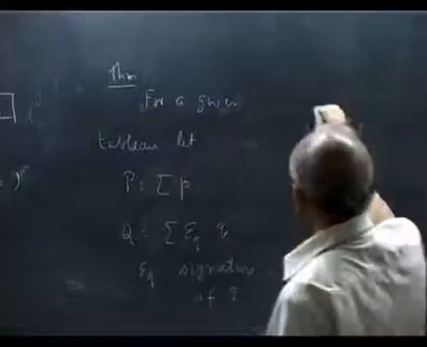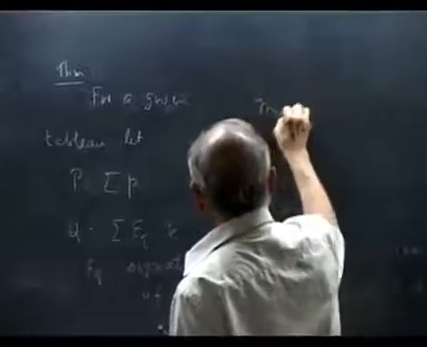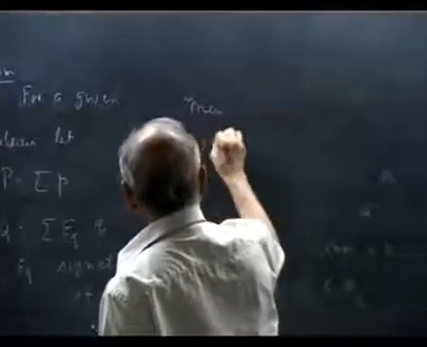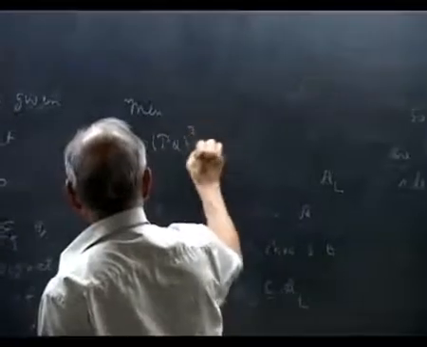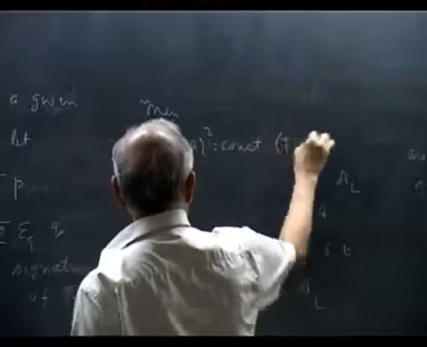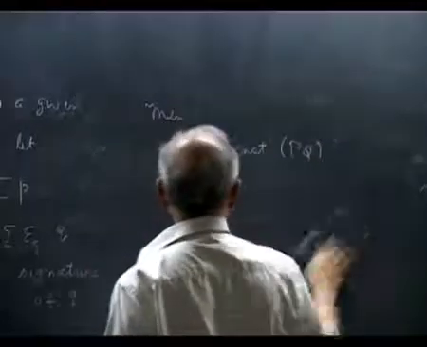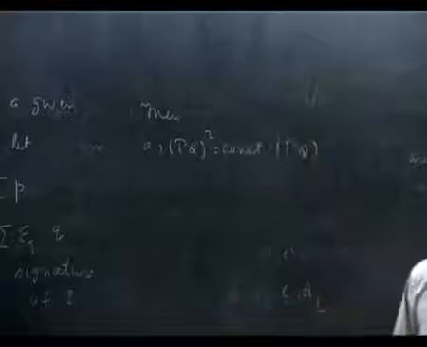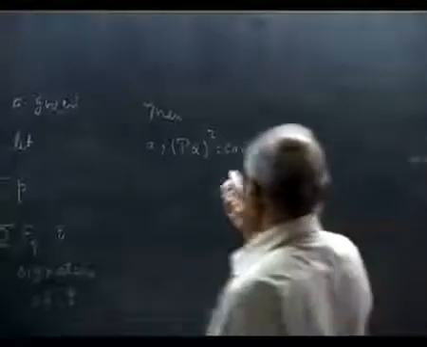Then (a) PQ whole squared is a constant times PQ, which you can normalize to 1 by division, but I am not normalizing now, I will do it later.